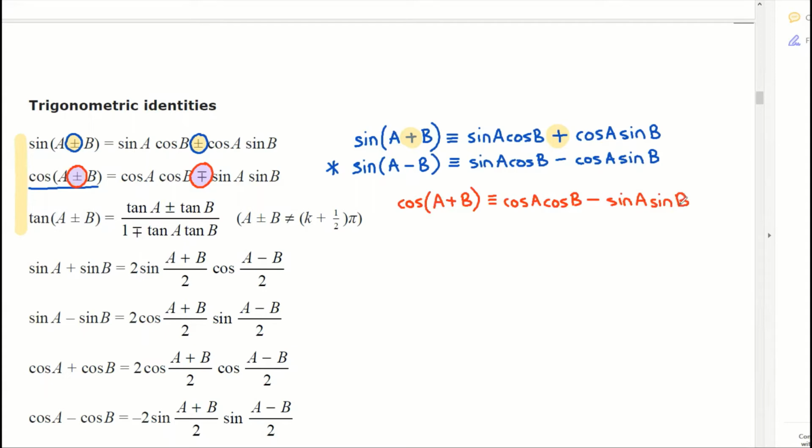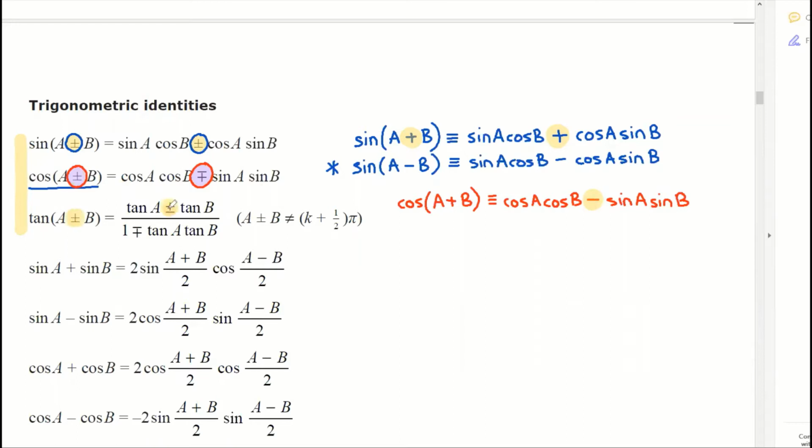Notice the subtle differences in these formulae or identities. Okay, and then obviously if we were doing the cosine of A subtract B, the sign in the middle, which is here, would become a positive. All right, so just something to be aware of. And then there's a similar behavior with the tan one here.